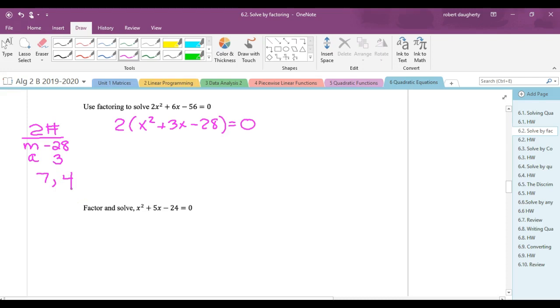How do I get those to give me a 3 back? So 7 and a negative 4. Those numbers multiply to negative 28, add to 3. So that tells me this is 2(x plus 7)(x minus 4) equals 0. We'll see how I got that.